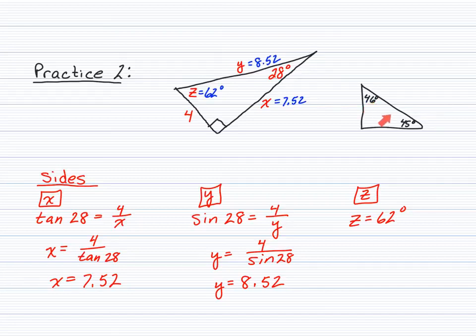Now, because these angles are pretty close in size, that means that this side would be just a little bit larger than this side. And that applies no matter if it's right triangles or any other kind of triangles. This triangle actually is not a right triangle, but that property applies. If these two angles or any two angles are pretty close in measurement, then the sides across from them will be close in measurement as well.